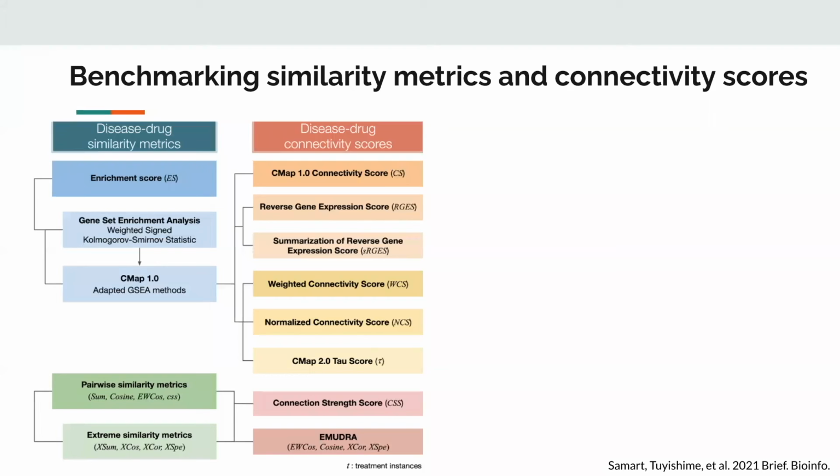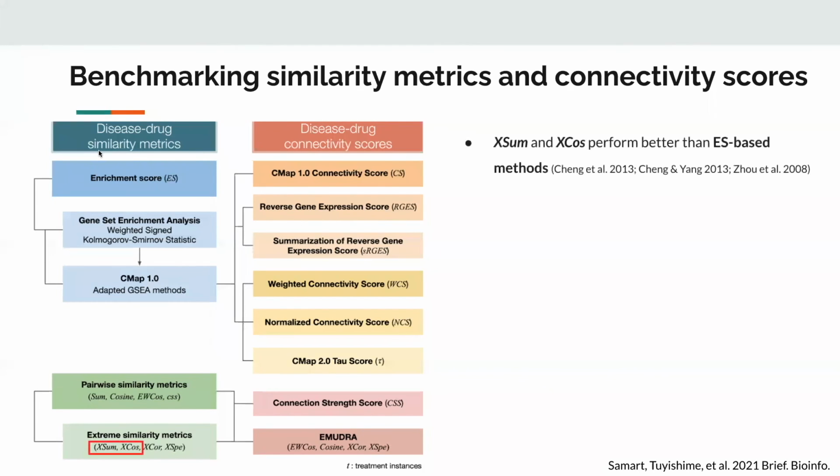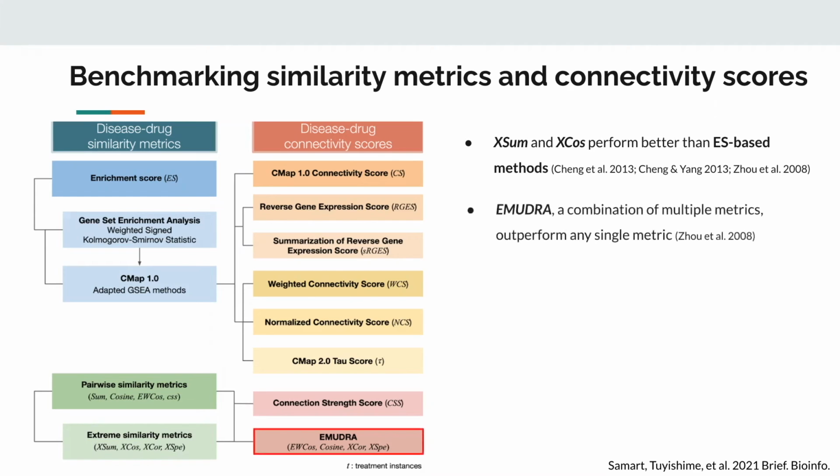All the similarity metrics and connectivity scores described here have not been systematically benchmarked on a large scale. However, comparative studies have shown that simple metrics like XSum and XCos outperform the enrichment score-based methods. The EMUDRA score, which is a combination of multiple metrics, as expected, performs better than any single metric alone.